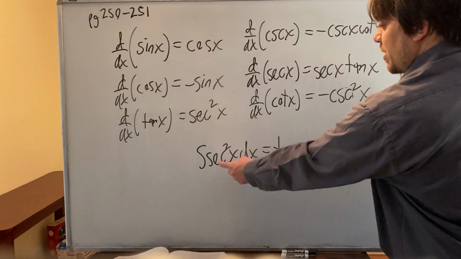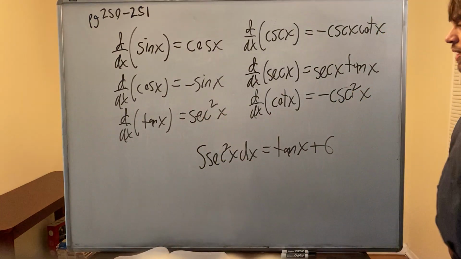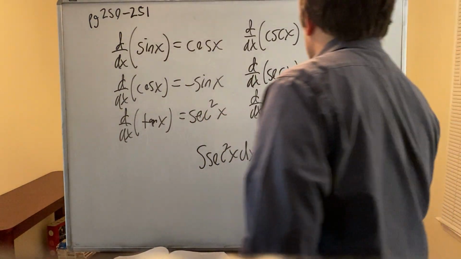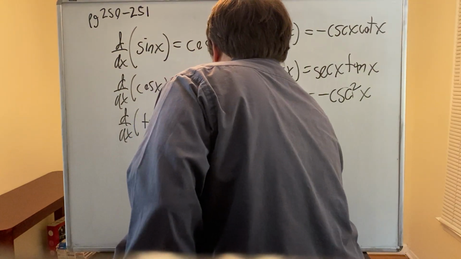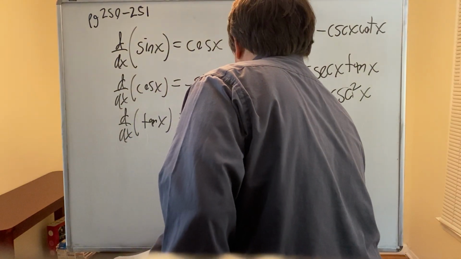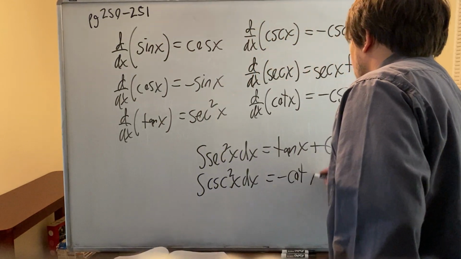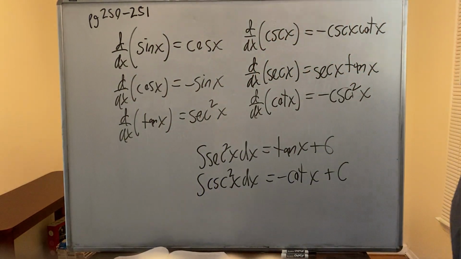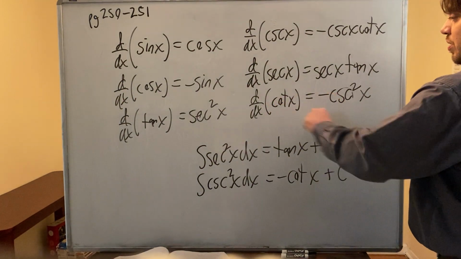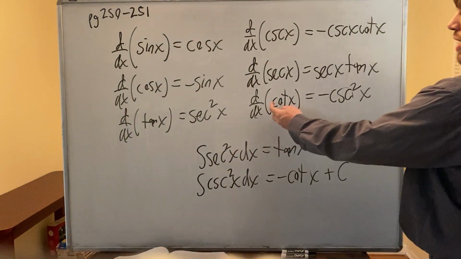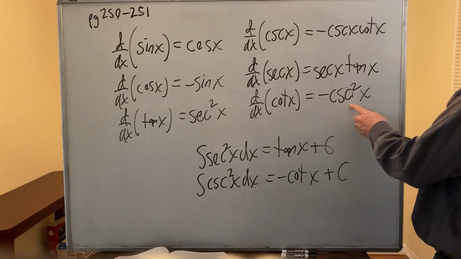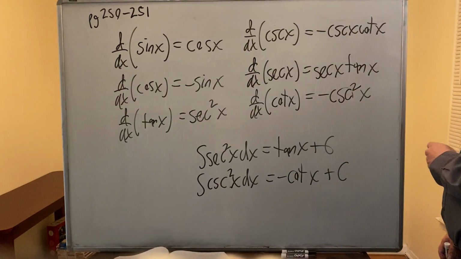Also, what we used in the last problem is that the integral of cosecant squared x dx is negative cotangent x plus c. If you were to take d dx of negative cotangent x, you would get cosecant squared x.